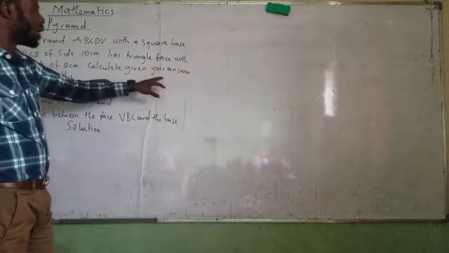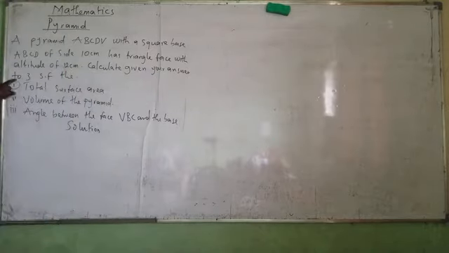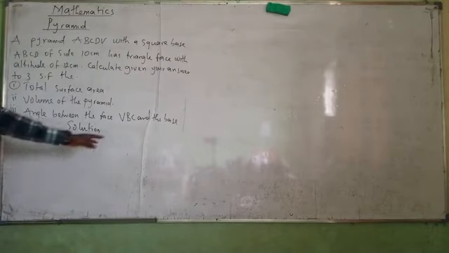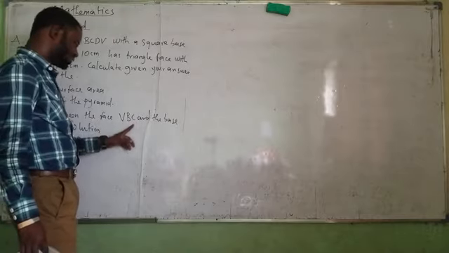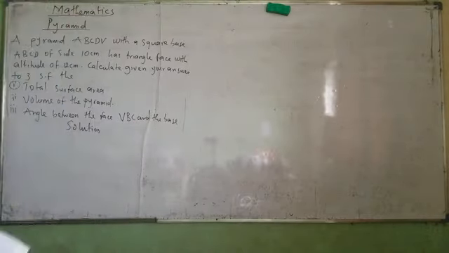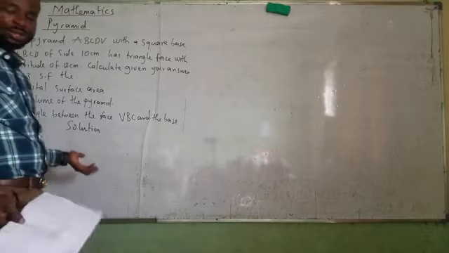Calculate, giving your answer to three significant figures: number 1, the total surface area; number 2, the volume of the pyramid; number 3, the angle between the face VBC and the base. Now, this is a very simple question that they can ask you anywhere.